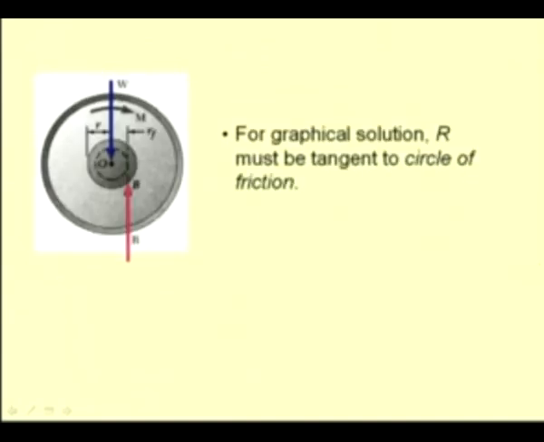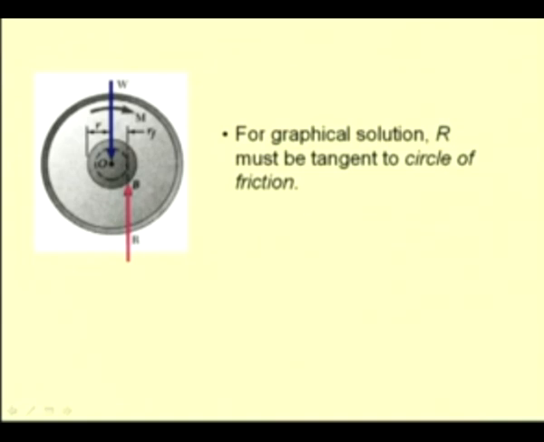Graphical solutions are possible where we can place this reaction force R tangential to the circle, which we call the circle of friction, because we have seen that this R is displaced by a distance equal to R sin phi k.